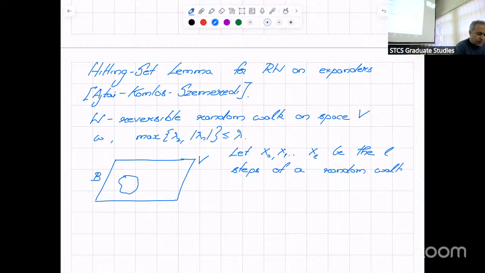And what do I mean by that? x0 is a uniformly random vertex sampled according to the stationary distribution.